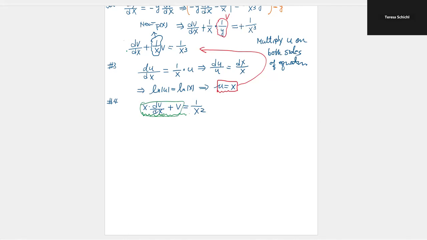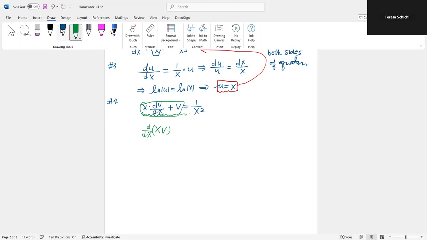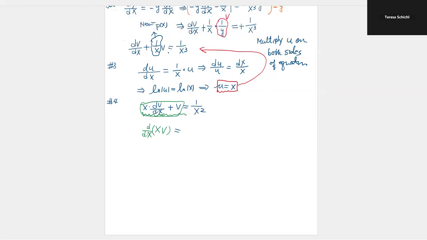This is just the x times v, right? So basically it's the product rule. So this is d/dx of x times v. And I know this is going to be equal to 1 over x squared. All right. So now I can integrate.